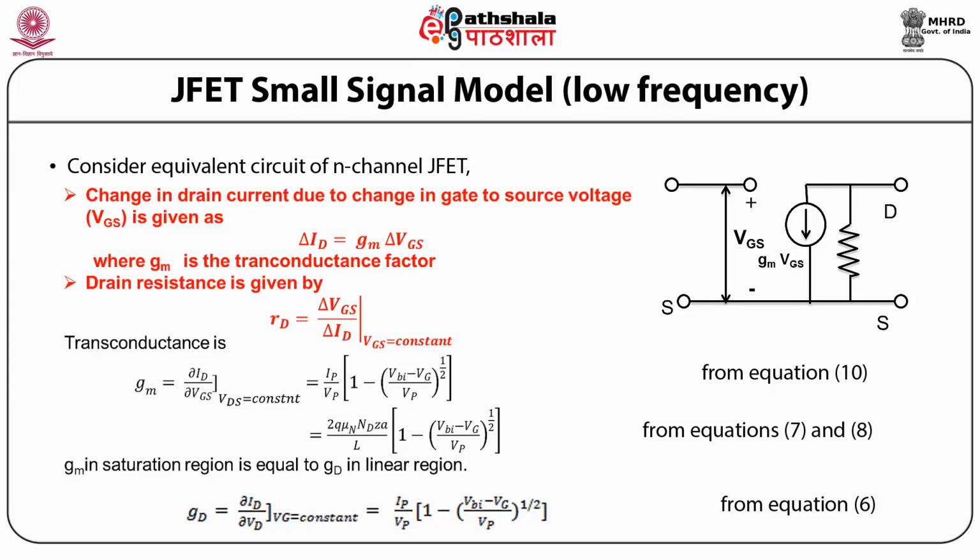Now what is g_d? g_d is nothing but the partial derivative of I_D with respect to V_DS or V_D at constant V_GS or V_G. So it is equal to I_P by V_P multiplied by 1 minus (V_bi minus V_G by V_P) to the power 1 by 2.